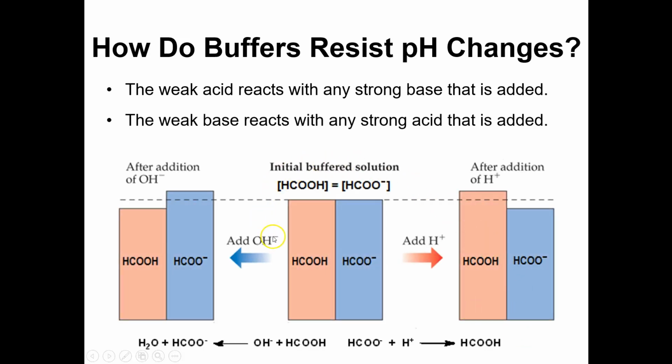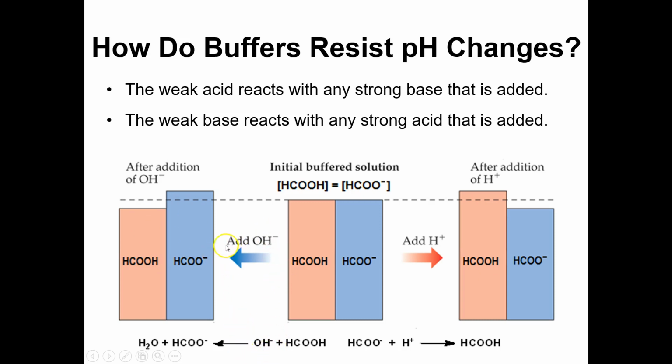Here's our initial buffer, and not every buffer has to contain the HA and A minus in equal amounts, but it's always useful for the sake of the thought experiment to think about it being that, starting with equal amounts of both. If I add hydroxide, it'll do what I just showed you on the previous slide. The hydroxide will react with the formic acid to give me now less formic acid and more formate, but crucially, all the hydroxide is gone.